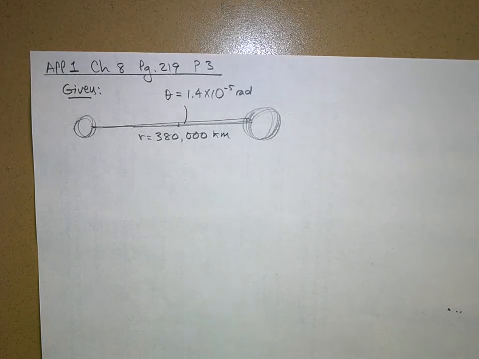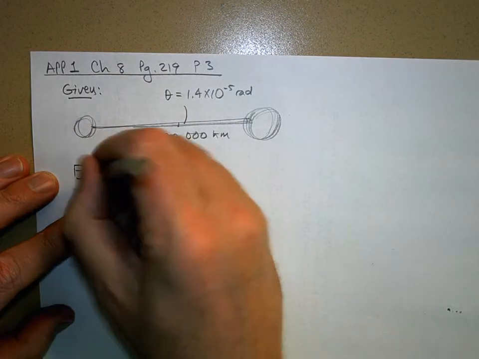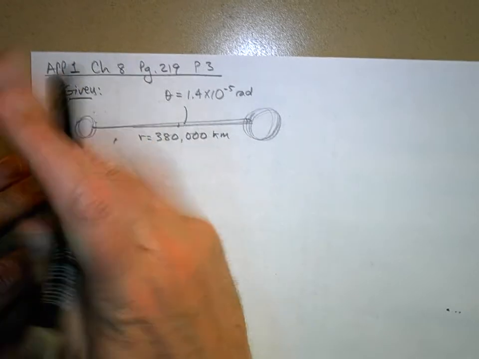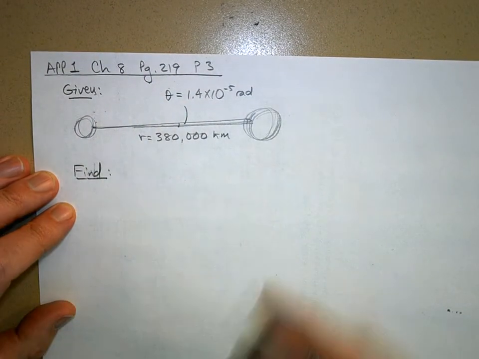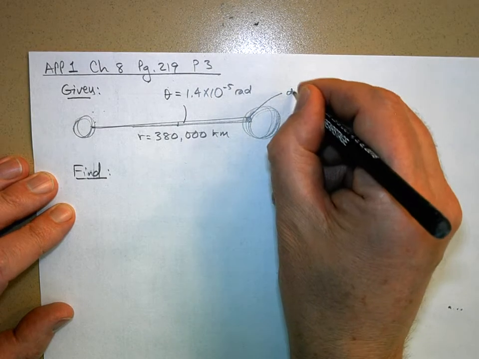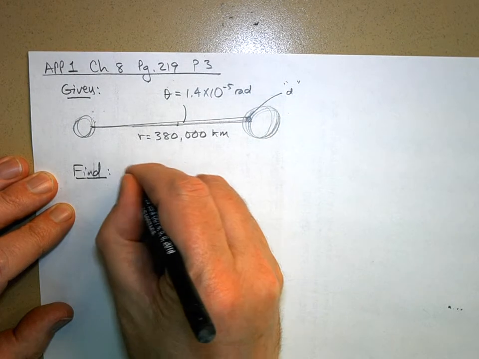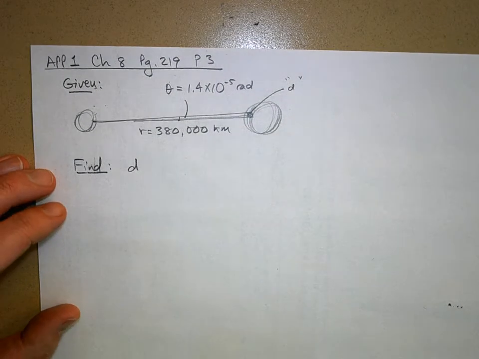Long ways. So we want to find the diameter of the spot that's illuminated. So we'll call that D. And it's pretty big spot.